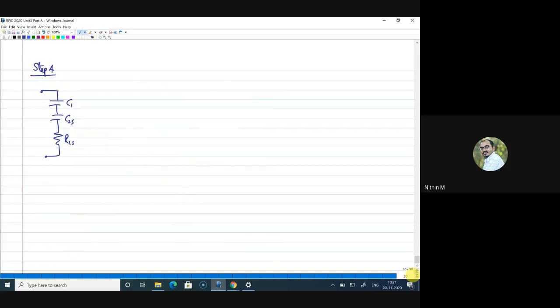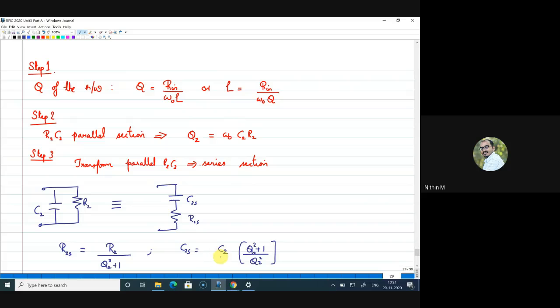Now let me find the equivalent capacitance. Since two capacitors are in series, I'll write 1 by C equivalent is equal to 1 by C1 plus 1 by C2S. But what is C2S? We have written it as C2 into 1 plus Q2 square divided by Q2 square, or I can write this as C2 into 1 plus 1 by Q2 square.